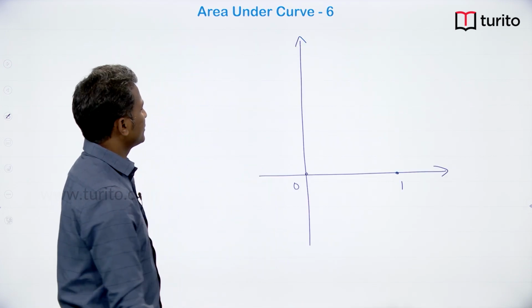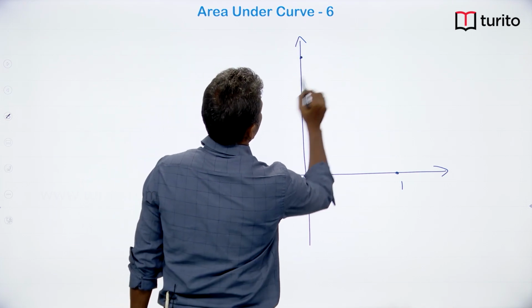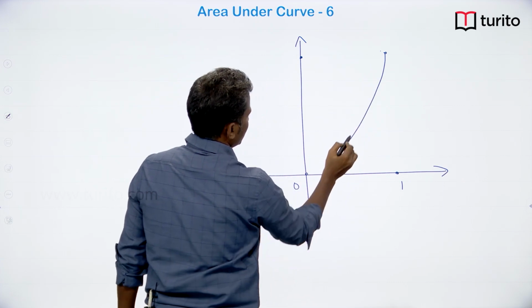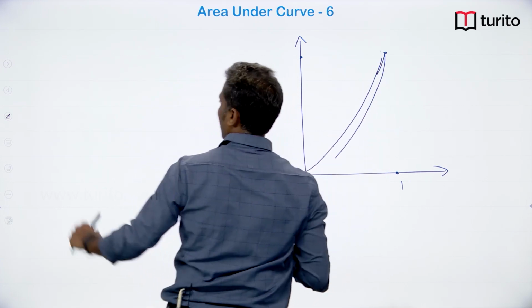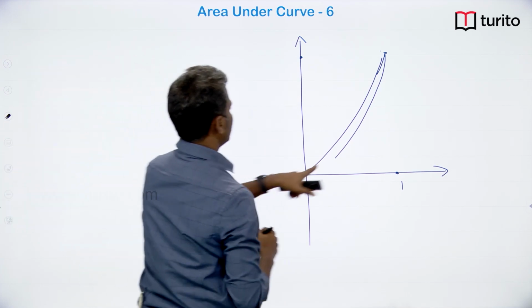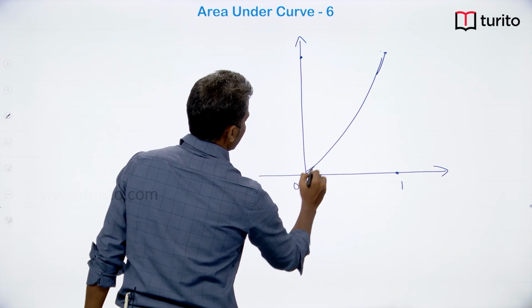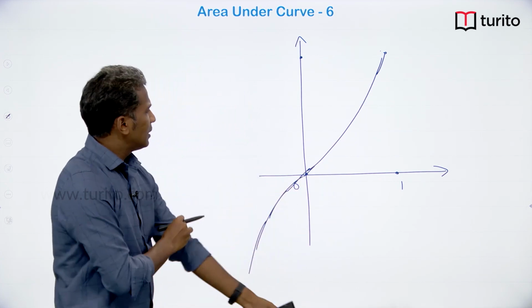We know the sine inverse function, which is a very standard function. So at 1 the value is going to be pi by 2. So the graph is going to be somewhat like this. And here also at the negative side it will be somewhat like this. Okay, so we know this graph.